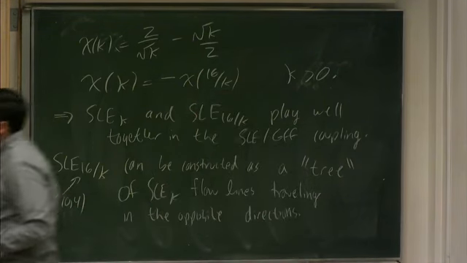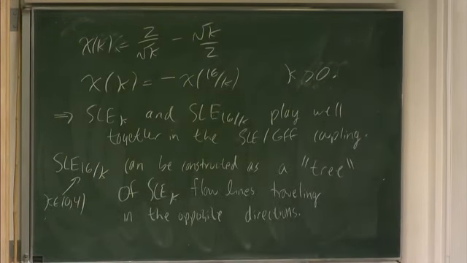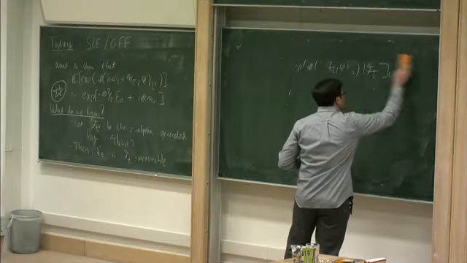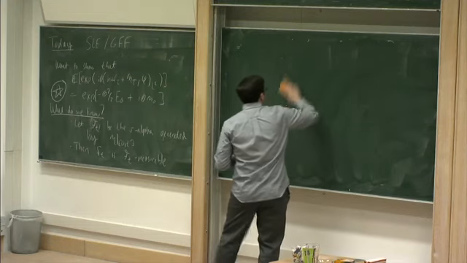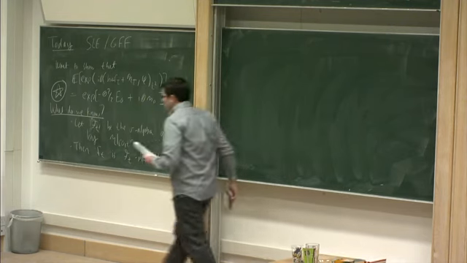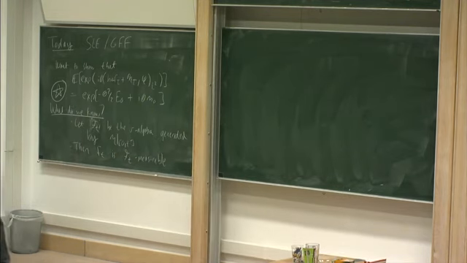Now let me just tell you in the last minute what we're going to do next. What we just did describes how you couple a single SLE curve with the Gaussian free field.